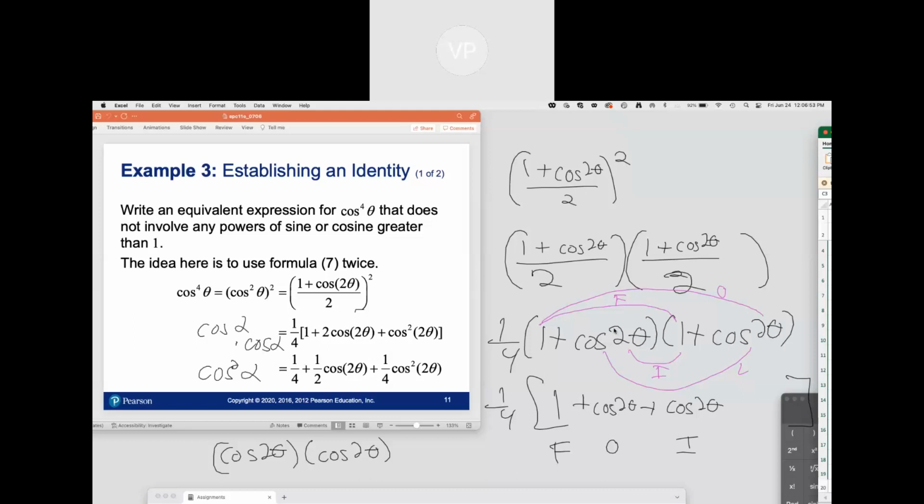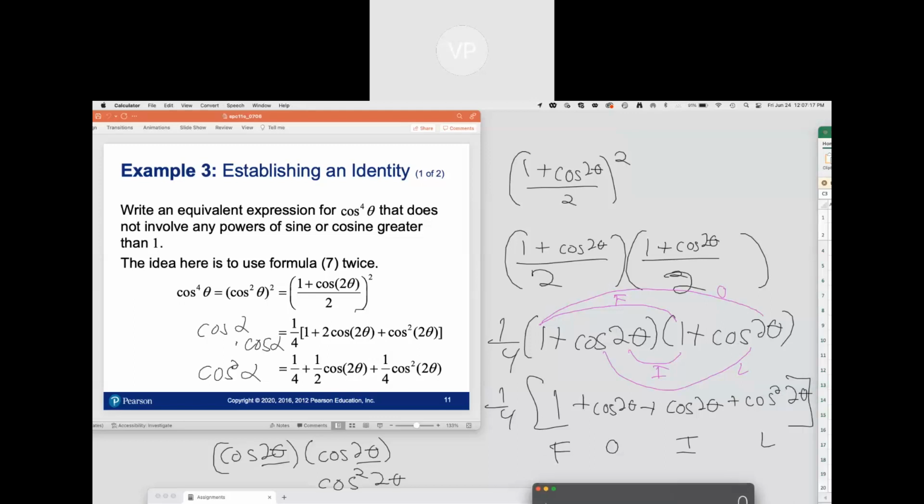If they're both identical trig functions, both of them are cosine alpha, your result is going to be a cosine alpha squared. And you put the little 2 right there. So when you see this, even though that's both a 2 theta, these are both cosine 2 theta, and that's all you get right there. That's what you put for this last term. And that's the part that really gets a lot of people screwed up on that one, is they're not sure what they mean by that.